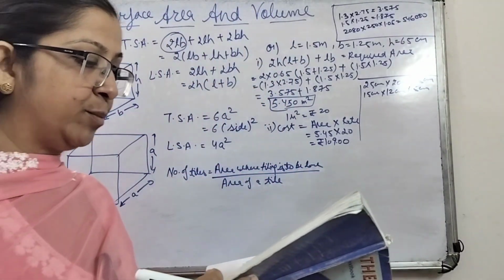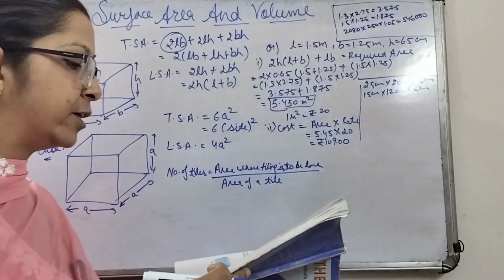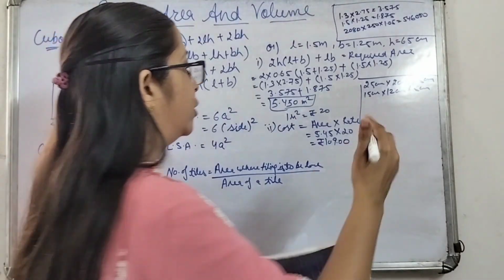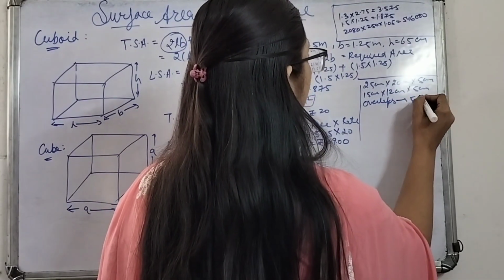These are the dimensions of the boxes. For all the overlaps, 5% of the total surface area is required extra.